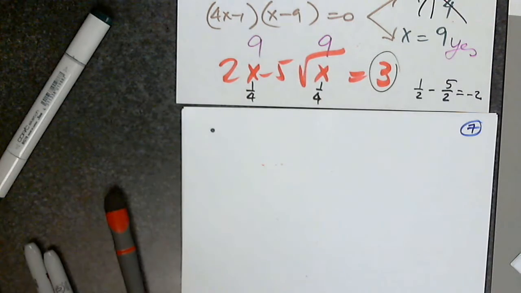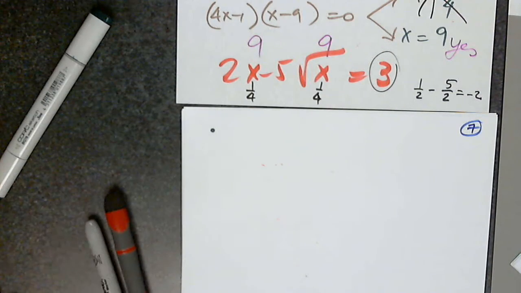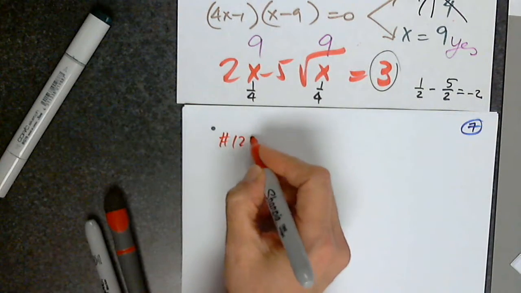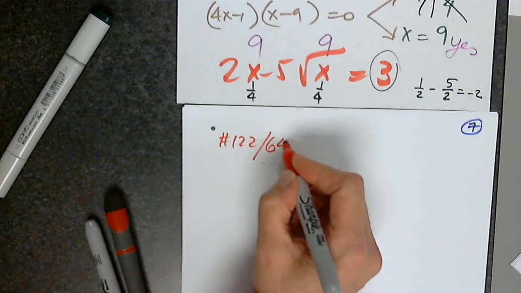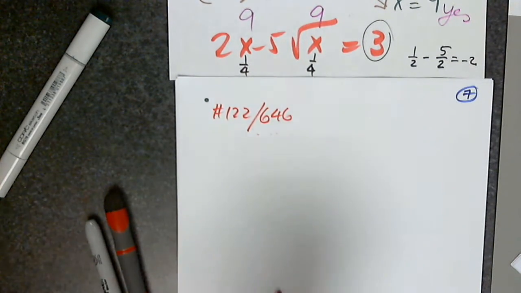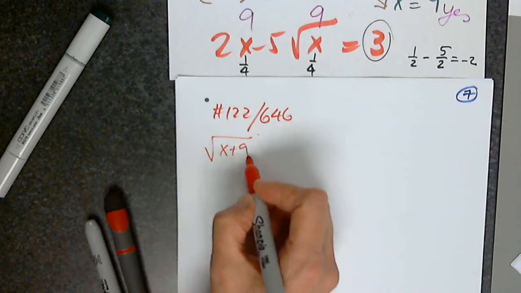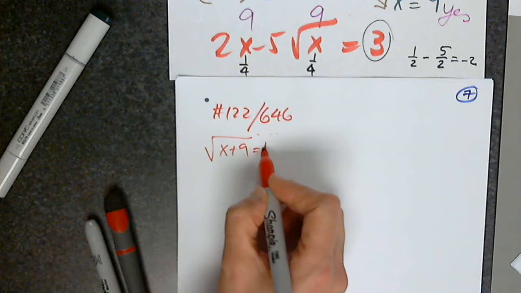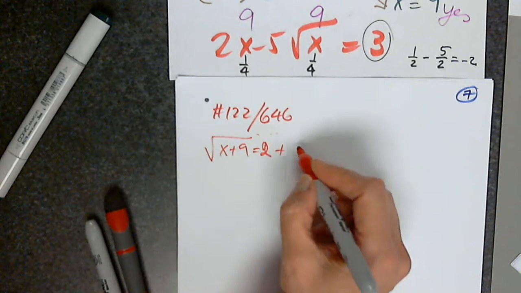Okay, so let me choose more radical equations, and then we'll continue. Where was I? Okay, I see, yes. 122 now, on page 646. As I mentioned before, this is considered known.